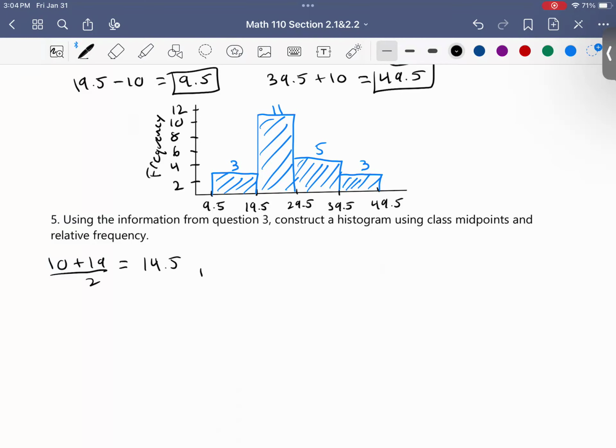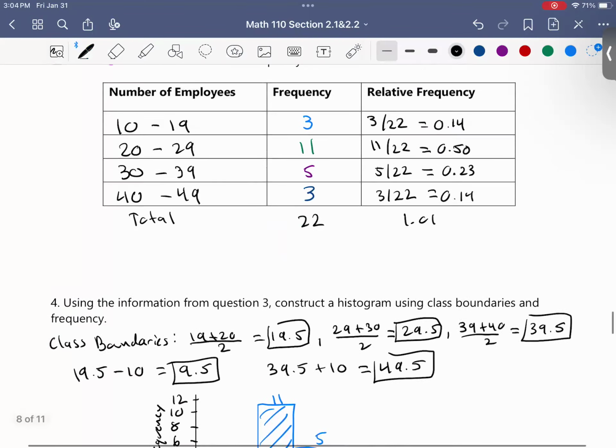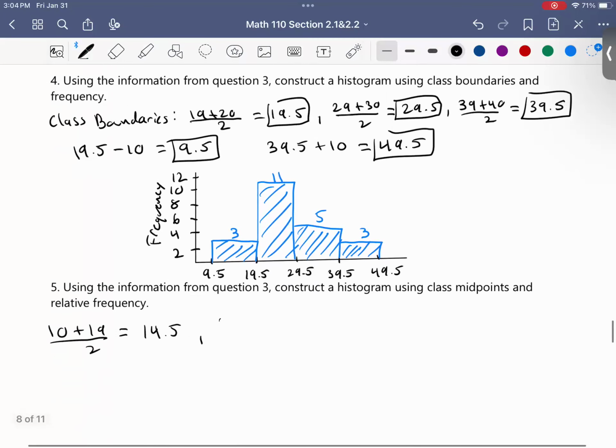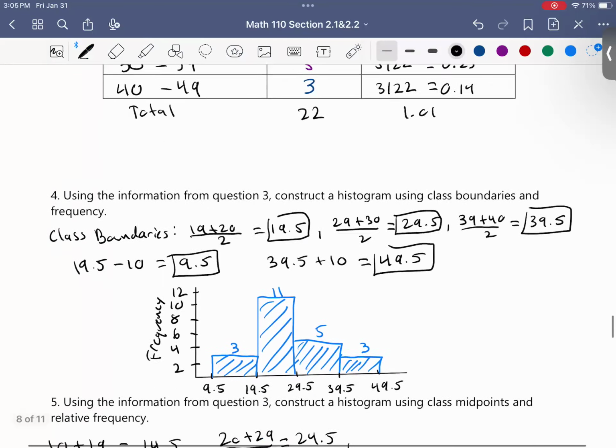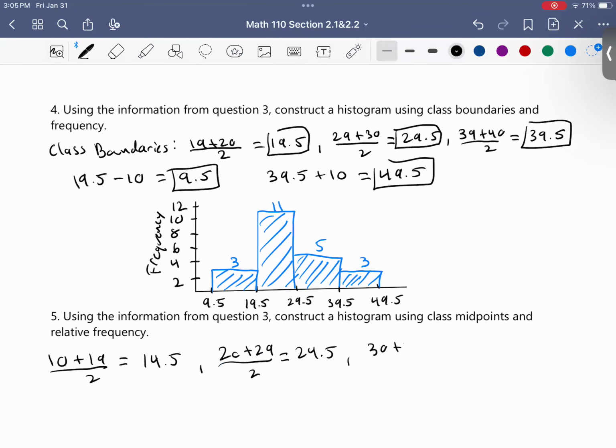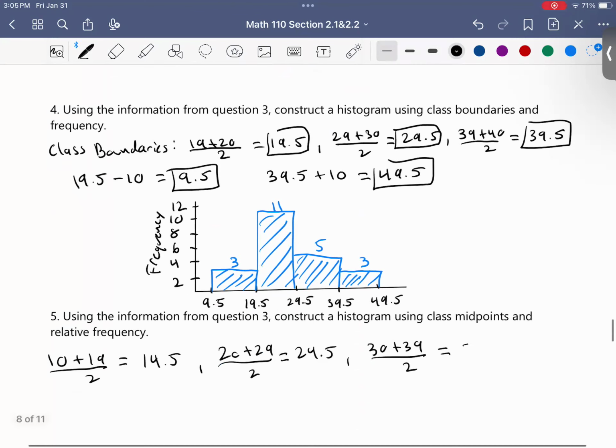Next is 20 plus 29 divided by 2, which is 24.5. And next is 30 plus 39 over 2, which is 34.5.